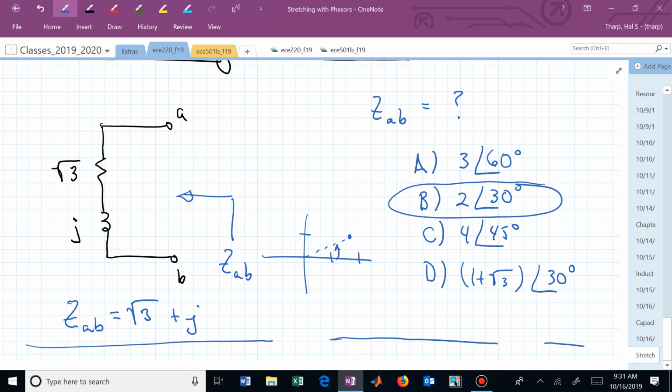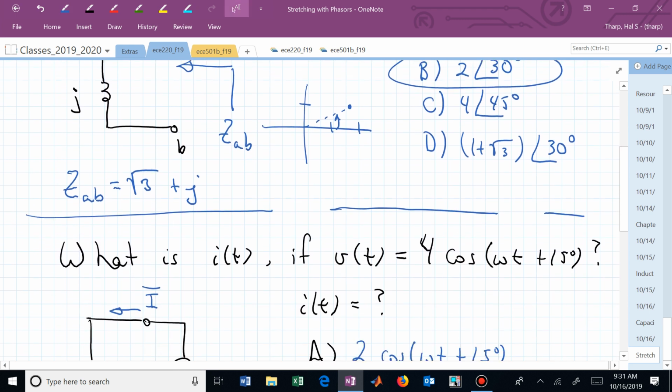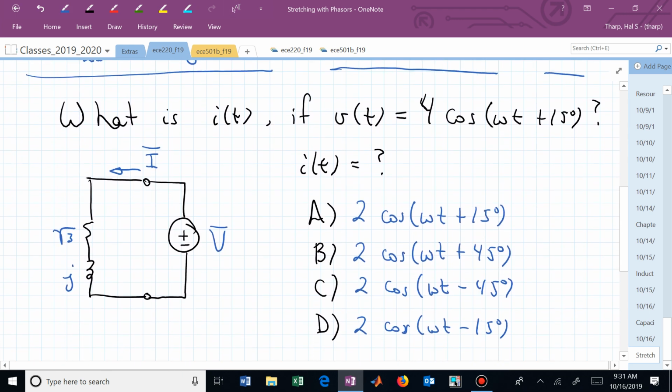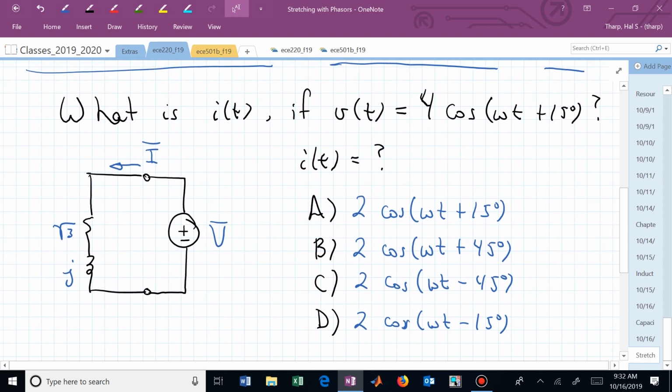So now I can probably combine things more difficult in a more complicated way than just a series combination. But now let's do the following. What's the current flowing in this series circuit if the voltage is 4 cosine omega t plus 15 degrees, and we have the same impedance across A and B? So you can use your answer from the first exercise, the first stretch.